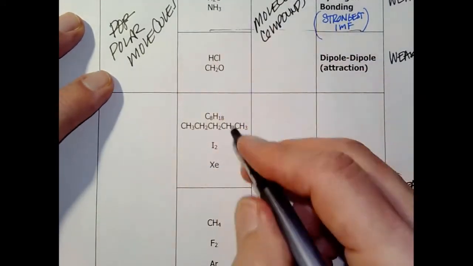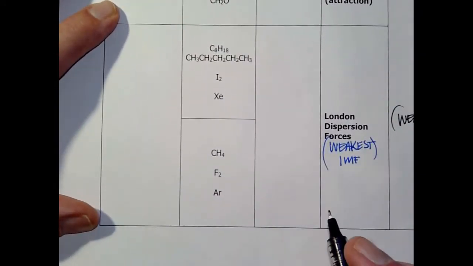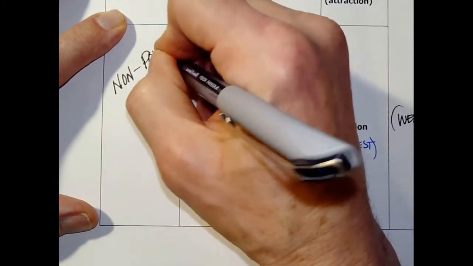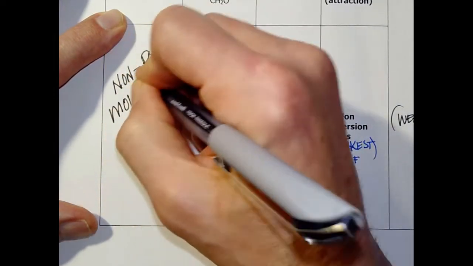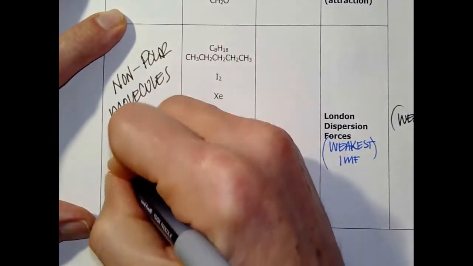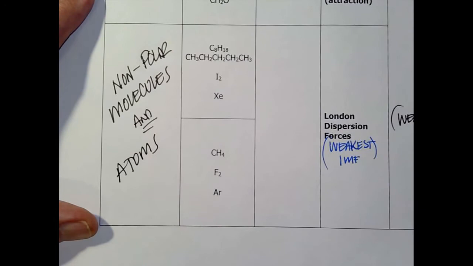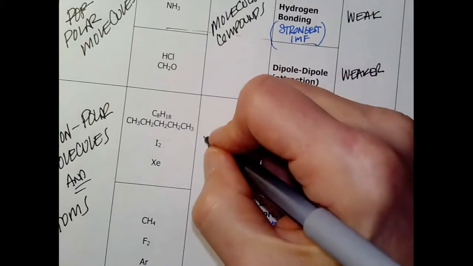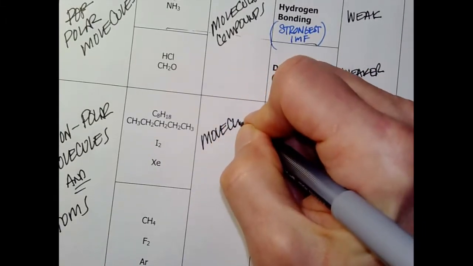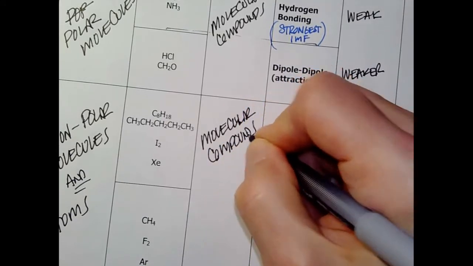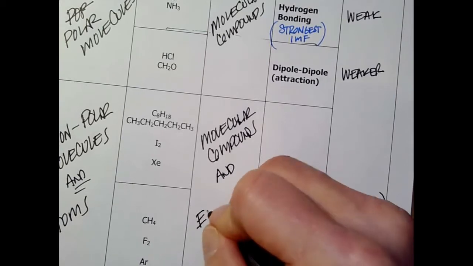Well, let's go back and summarize here. We said these compounds or elements here, nonpolar molecules and atoms. So what are we talking about? We're talking about molecular compounds and elements.